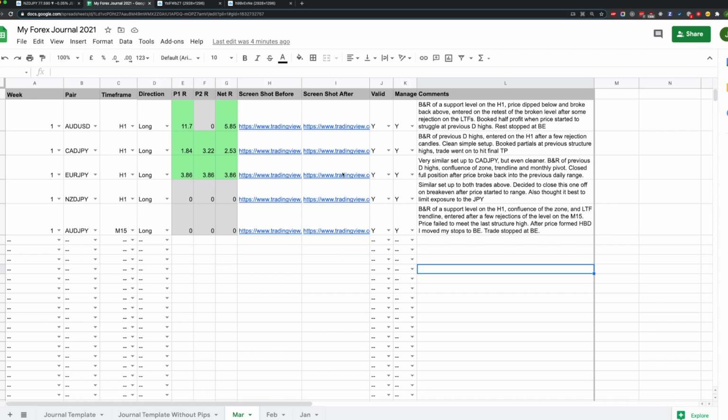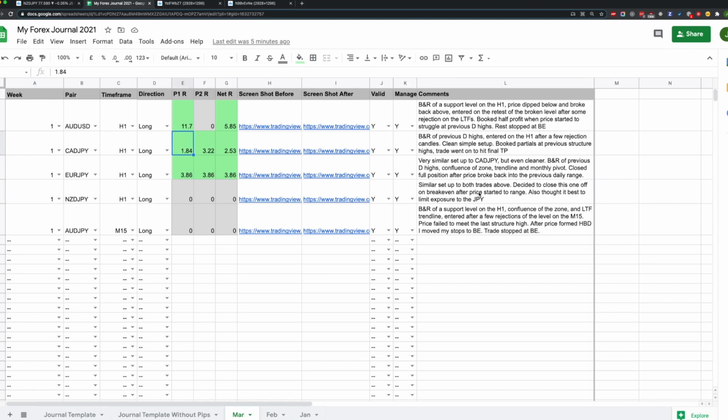Okay, and the last trade for me for the week was here on AUDJPY. It was taken on a 15-minute time frame, long position, and I decided to take this position because I had already secured profits here on CADJPY.